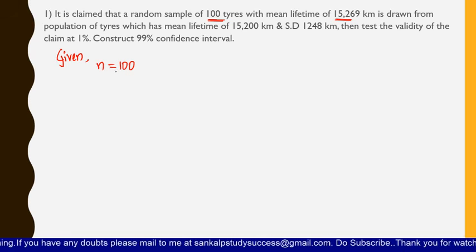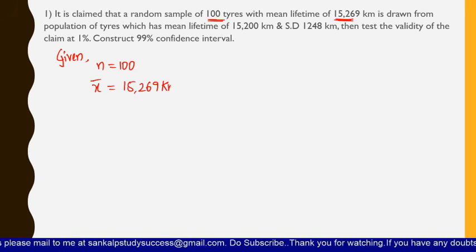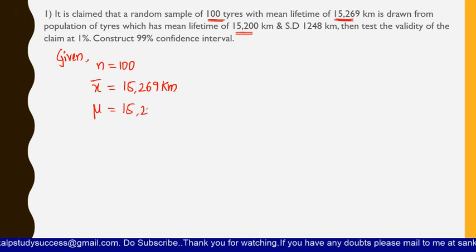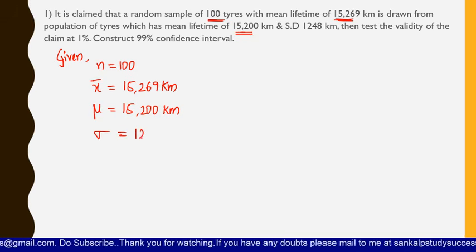And here the mean lifetime, which is x bar, is 15 to 69 kilometers. It is drawn from a population of tires which has a mean lifetime of 15 to 100 kilometers. That is the population mean, equal to 15 to 100 kilometers. And we have the standard deviation, which is sigma, and sigma is equal to 1248 kilometers.